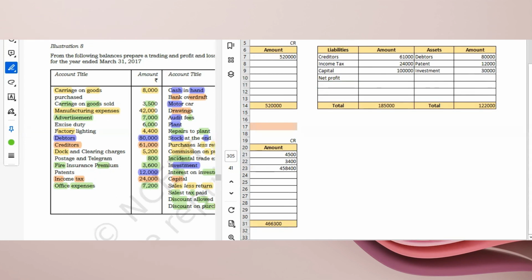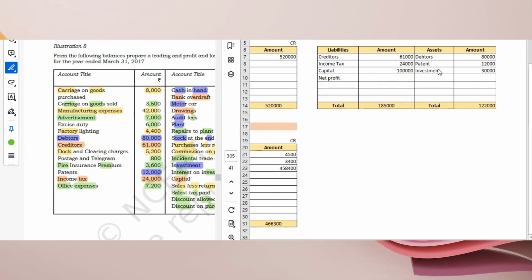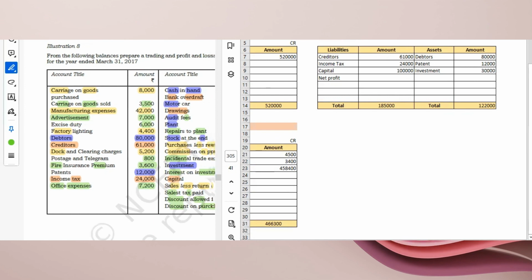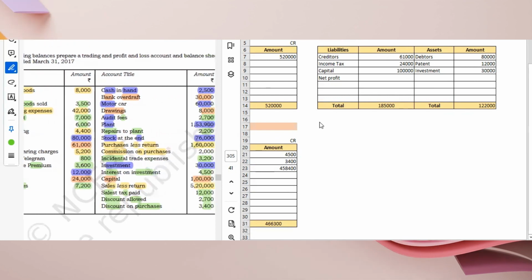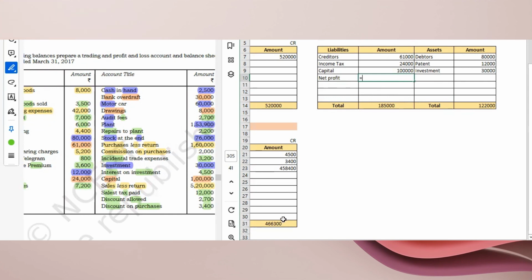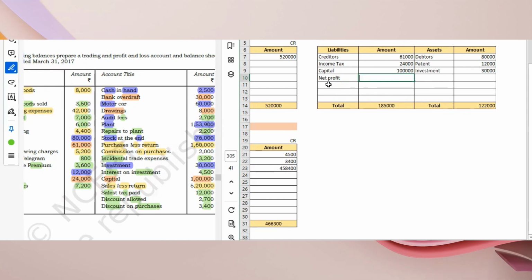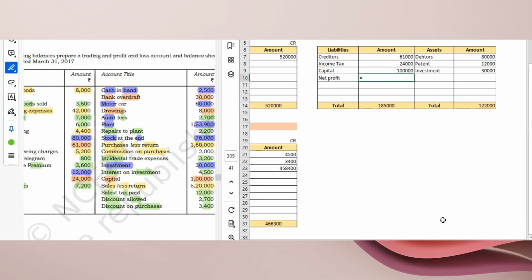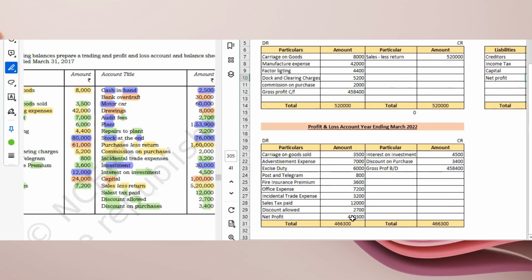But we have given drawings here, they have not shown it, so it should be reduced out of your profit. If you see here, drawings is there, 8,000 rupees, minus 8,000.